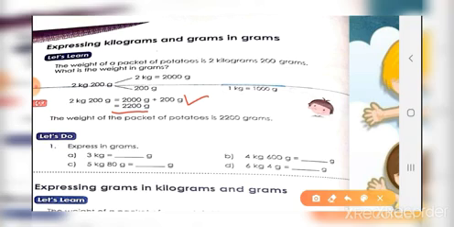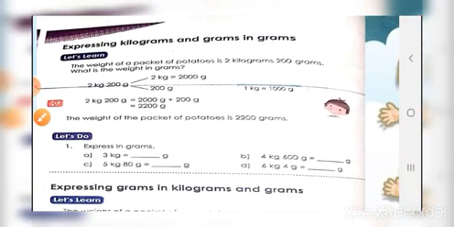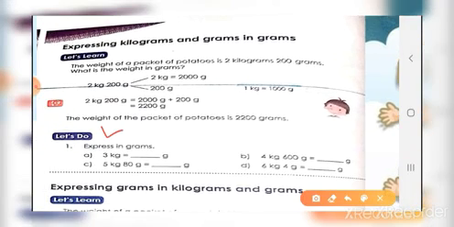So the weight of the packet of potatoes is 2200 grams. It means that 2 kg and 200 grams is equal to 2200 grams.